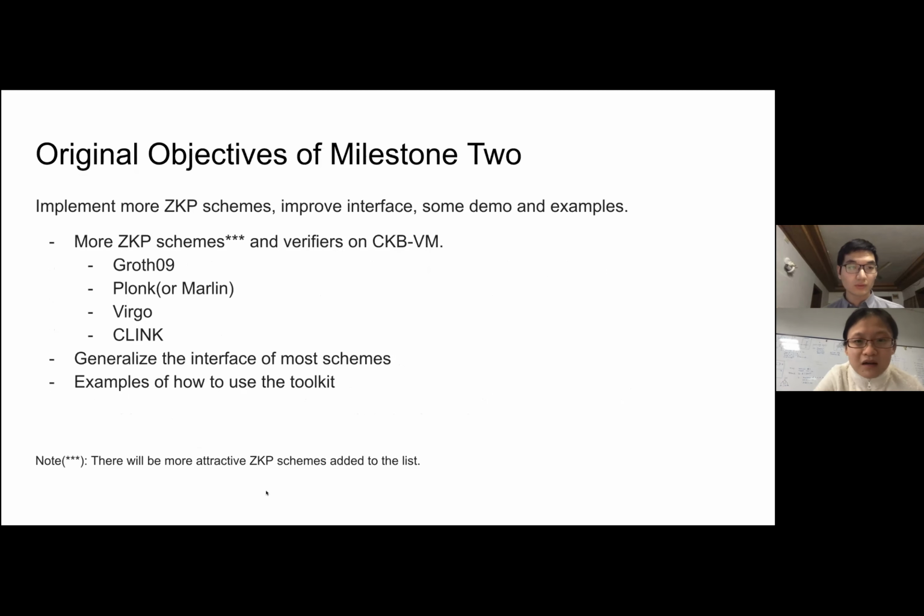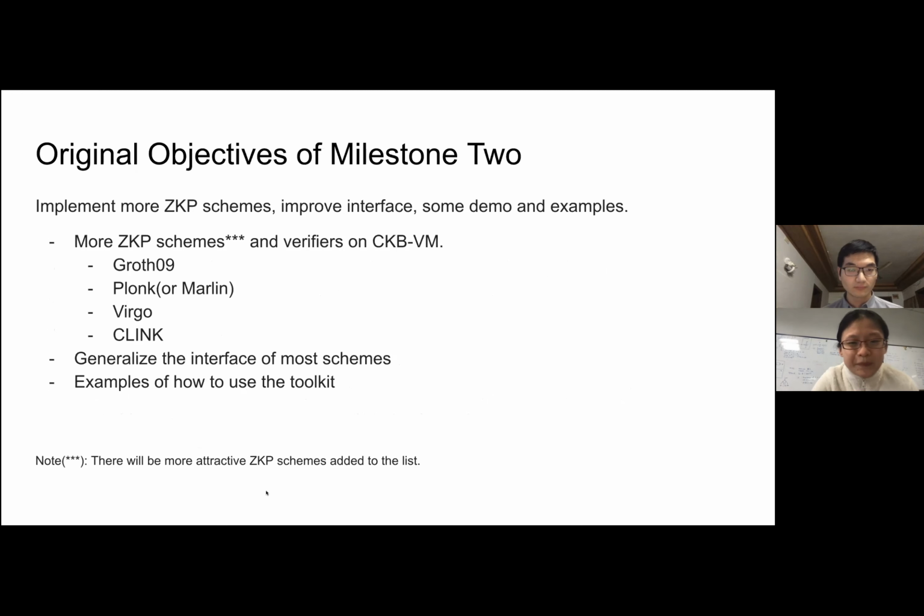In milestone 2, our initial plan was like this. The main theme is to implement more zero knowledge proof schemes. We planned to do GM17, which is closely related to bulletproofs. It includes the basic techniques for bulletproofs.